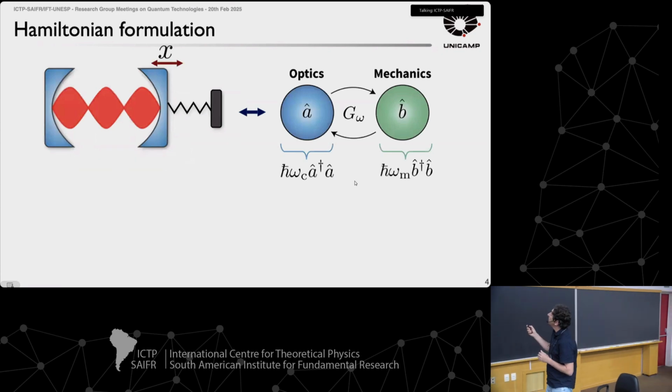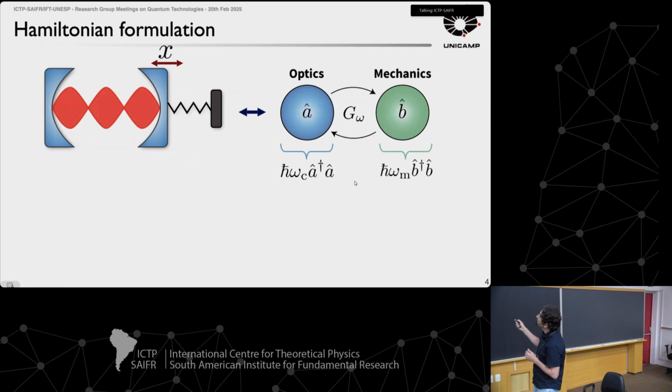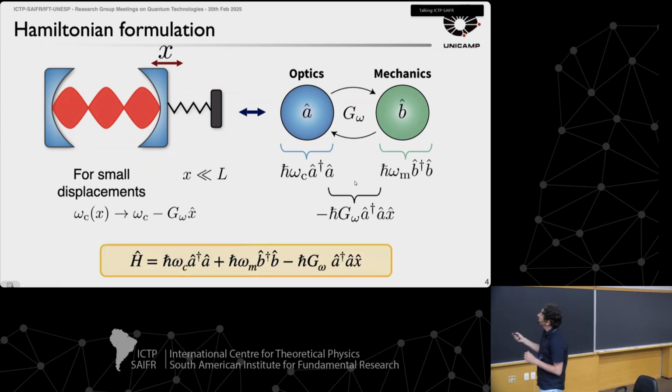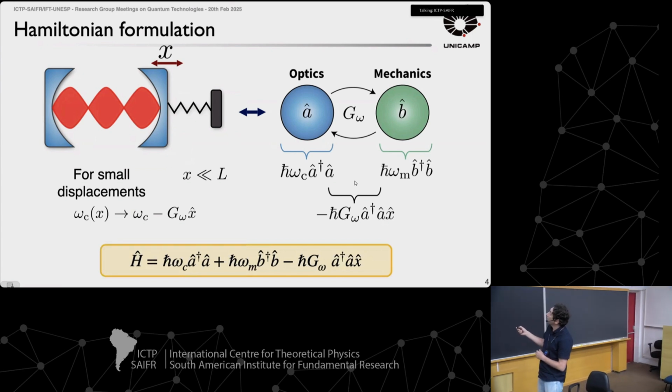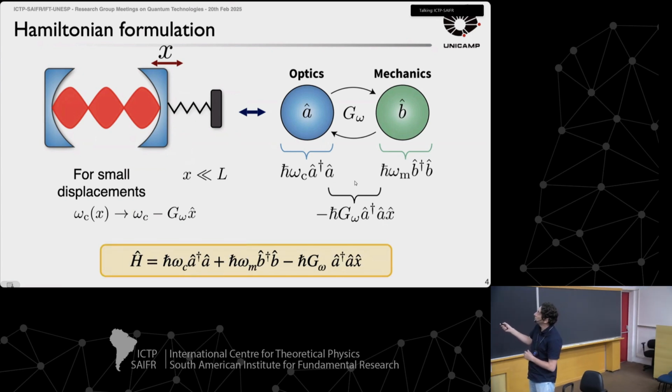The main idea is this toy model: you have an optical system, which is this one here, and a mechanical system, which is the spring attached to a mass. Both have their internal energy, and you have the coupling between them due to this frequency pulling. This frequency pulling scales with the number of photons inside the cavity.